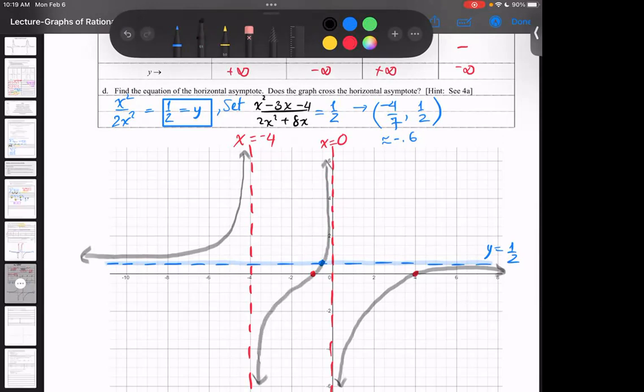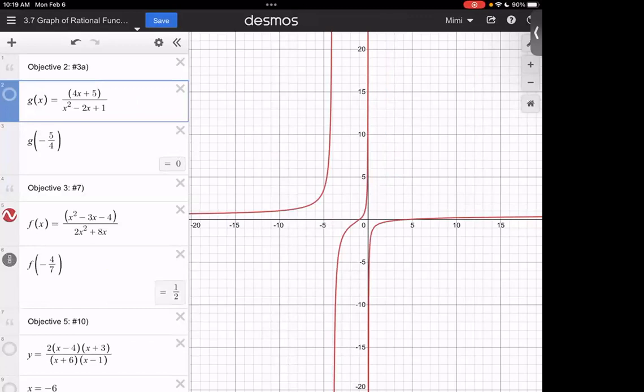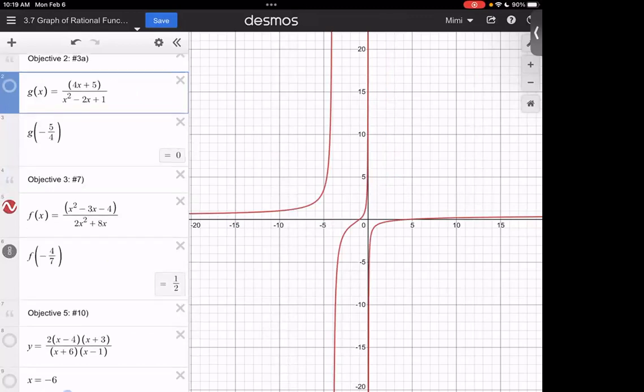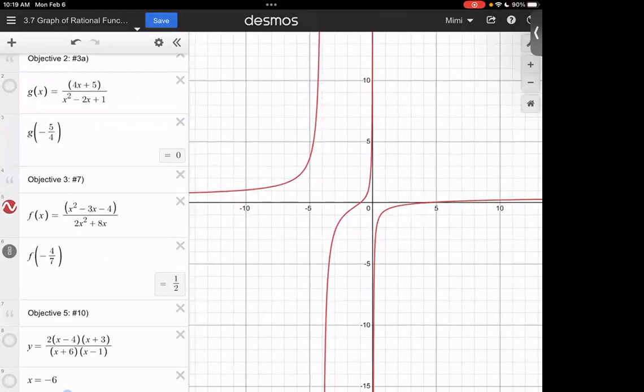Let me show you what it looks like on decimals. Let me mute that. So that's all. Yes, that's our problem, right? Is it our problem? Yes.